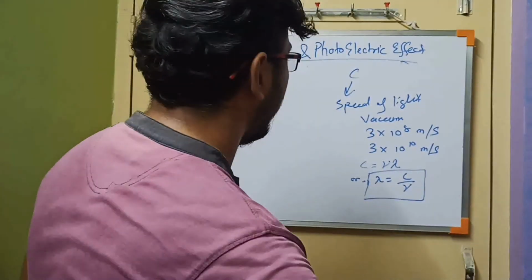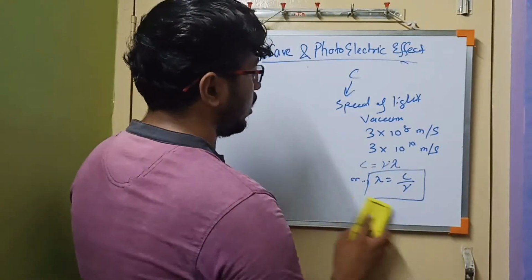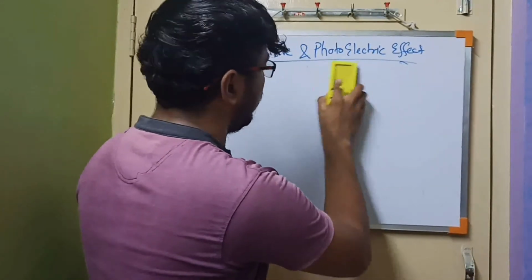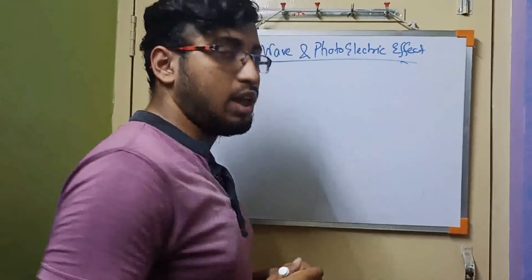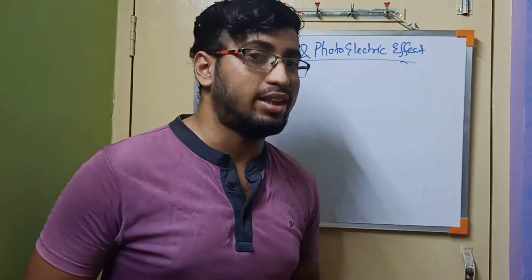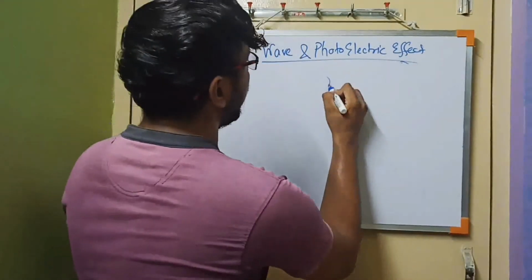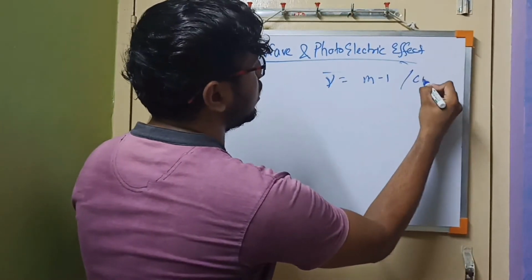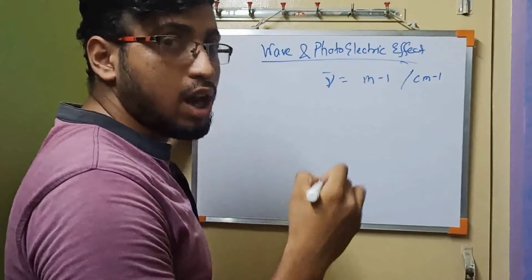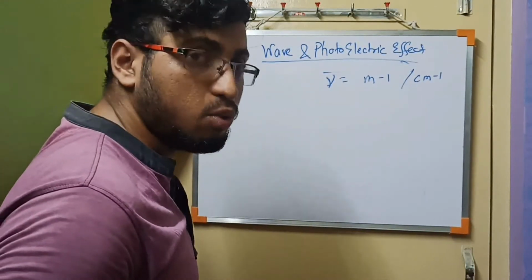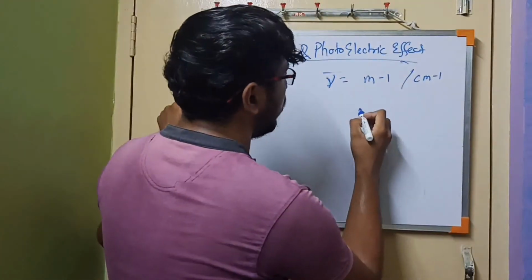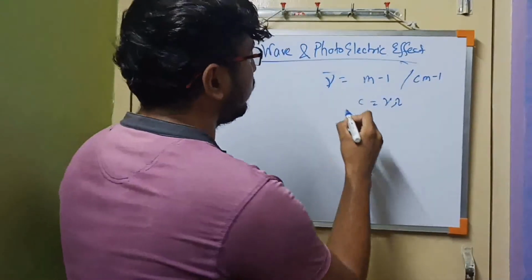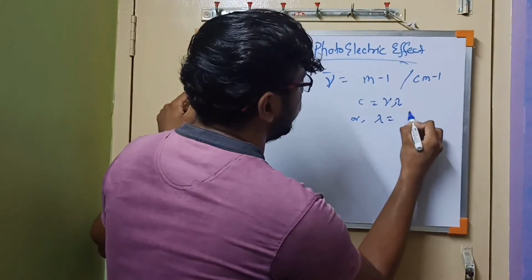Now the third property is wave number, that is the number of waves per unit length. That means it has also a similar unit, like meter inverse or centimeter inverse. Now we have to derive the equation of wave number. So we basically know that c equal to nu lambda and lambda equal to c by nu.